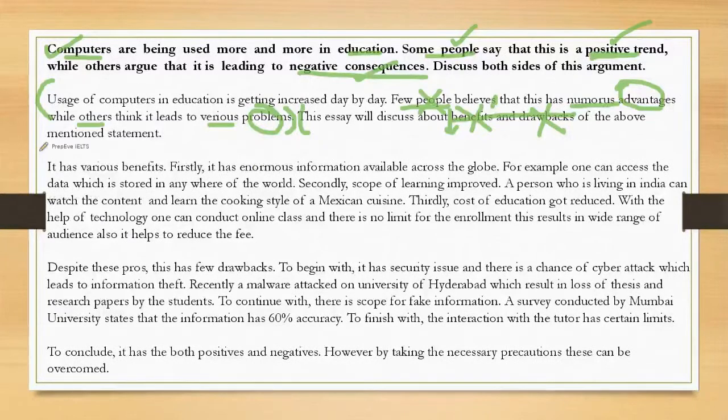All right, moving on to the body paragraphs. Now, how do we write the body paragraph? Just like the introduction has 3 or 2 sentences, depending upon whether the question is asking you for the opinion or not, the body paragraphs would include an introductory sentence.